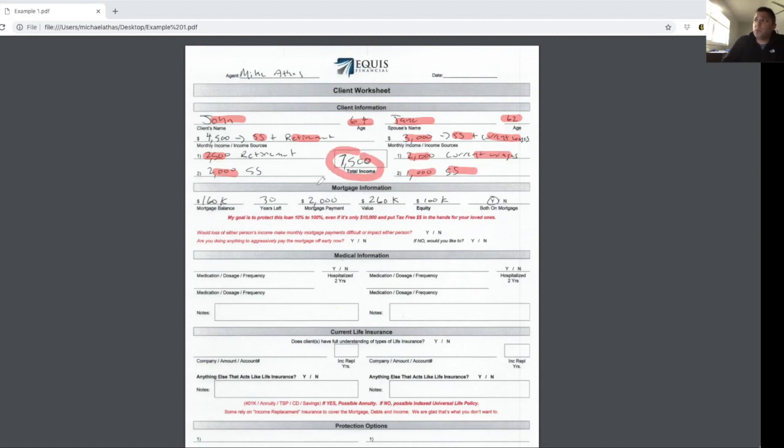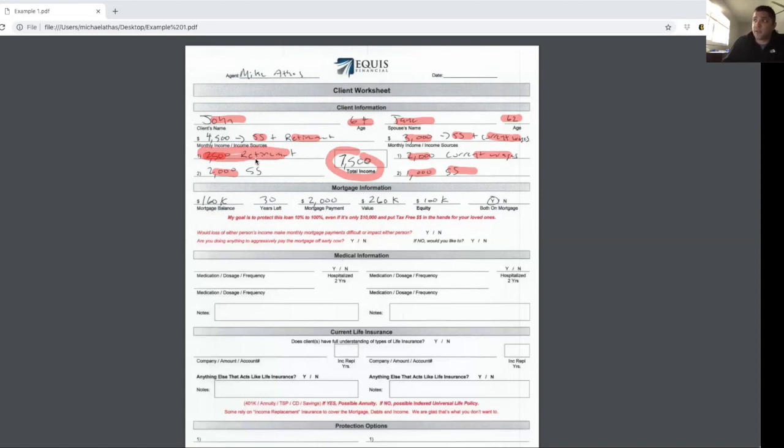What I do with this situation is I'm going to ask them a couple questions, because even though I have the basic information that the client worksheet is asking me, I'm ultimately going to be asking them more probing questions on what does this actually look like. So with this retirement, the big picture that I have for the retirement here is, hey, does that retirement have survivorship on it?